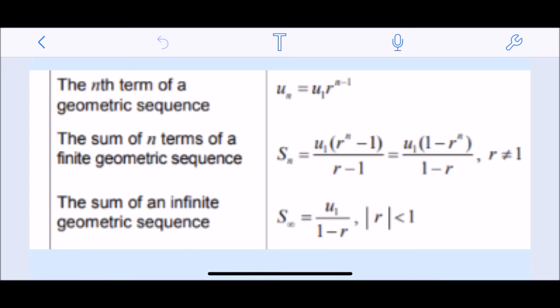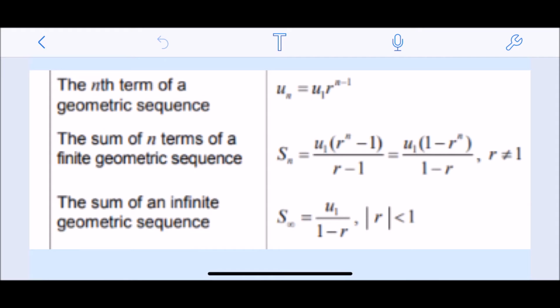So S sub 10 equals 5 times 24, and that is 120, because 24 times 10 is 240, and half of that is 120. So that was a sample arithmetic series problem. Now let's move on to geometric sequence problems.